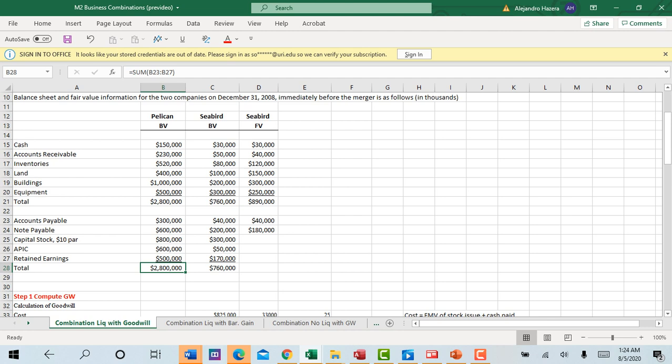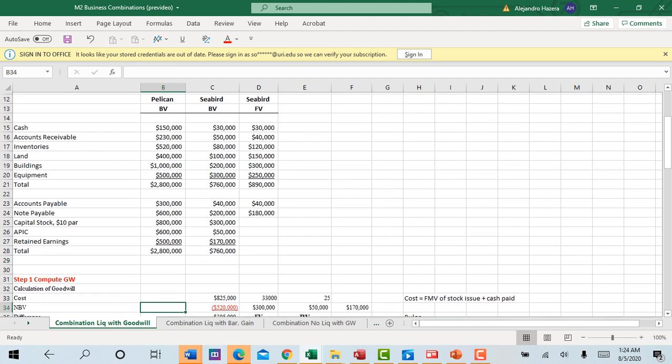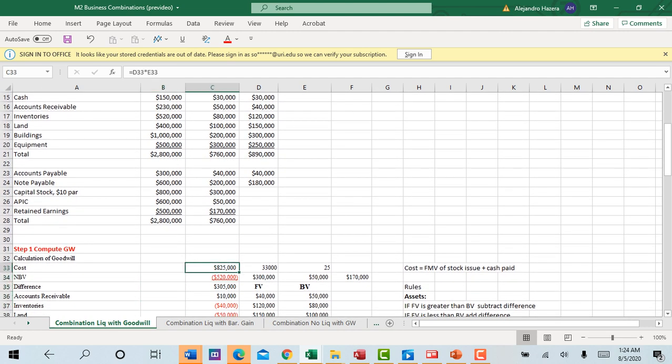Pelican bought Seabird. Pelican paid a lot for Seabird, $825,000. The net book value of Seabird is $520, and that means you overpaid. You pay $825,000 for something that's worth $520 on the books anyway.